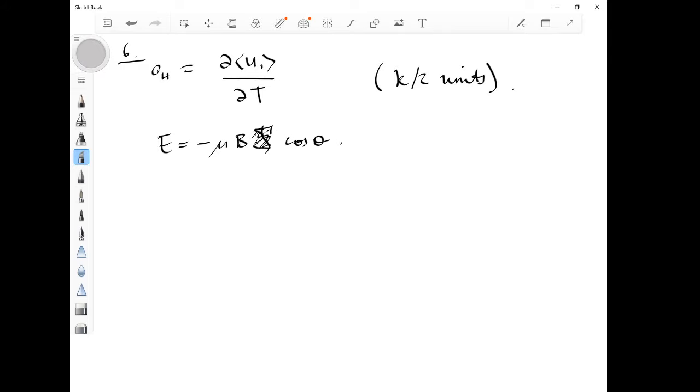And so the mean energy, which is just U1, is going to be equal to B mu minus then a cos theta. And this, as we've already found out, is going to be B mu.